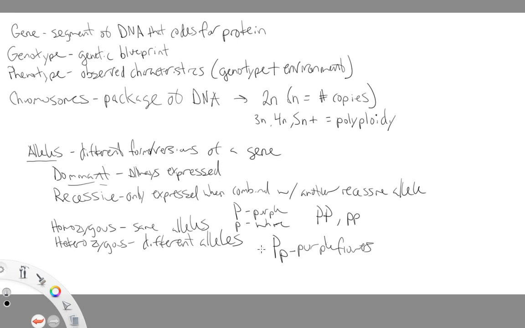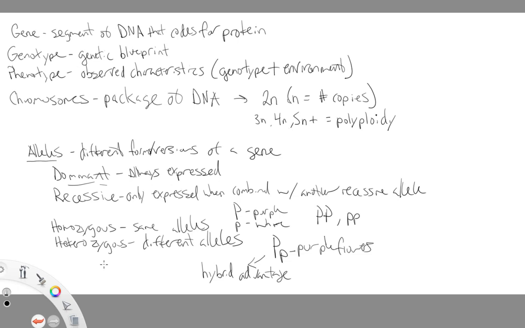The other important thing is sometimes we have what is referred to as hybrid advantage. That is the case where our hybrids, which are typically our heterozygous organisms, have an advantage. So you have an inbred line. We see this with our corn.